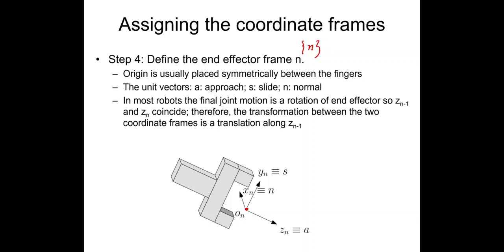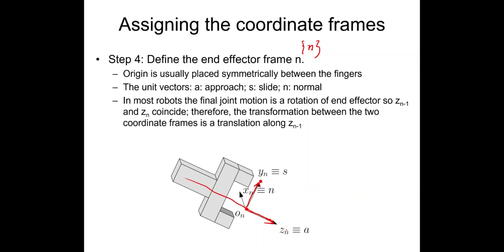I define the unit vectors as x, y, z, but my x is pointing inside, and my z is pointing along this axis, which is kind of like the approach direction, right? And my y is in this direction, which is perpendicular to the approaching direction. So that is kind of like a sliding direction.